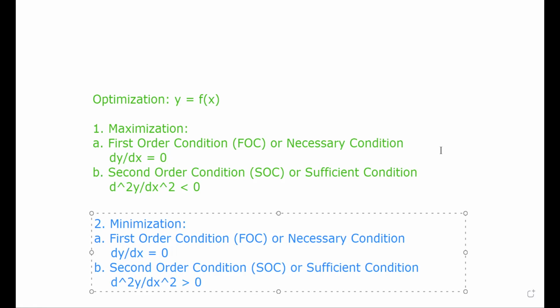This is the necessary and sufficient condition for optimization, both minimization and maximization. The first order condition is the same: the first derivative of the equation must be 0, and for minimization, the second order condition should be greater than 0.